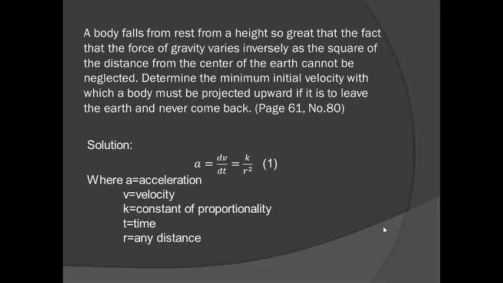So we have our acceleration, or dv over dt, is equal to k all over r squared, where k is the constant of proportionality, t is equal to time, r is any distance. Since it is stated in the problem that the force of gravity varies inversely as the square of the distance from the center of the earth.